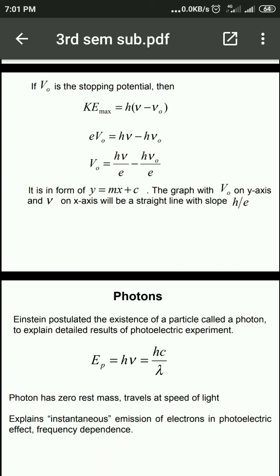Y is V0 and x is nu. If you plot V0 on y-axis and nu on x-axis, we will get a straight line, and the slope will be the coefficient of nu, which is h by e. Okay, m will be the slope.